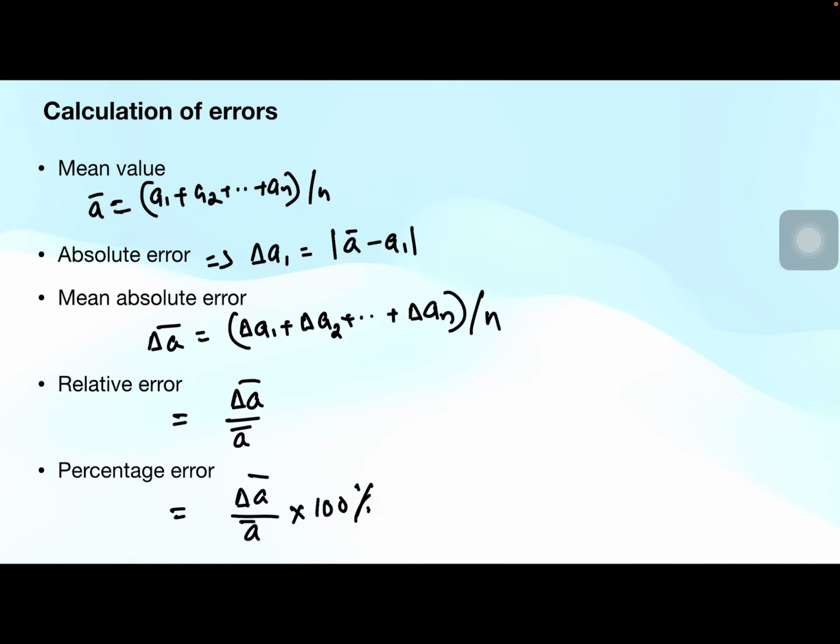The expression is: delta A bar, which is the mean absolute error, divided by A bar, which is the mean value. That ratio, delta A bar by A bar, is known as the relative error. If it is multiplied by 100, it is represented as a percentage. That is the percentage error.